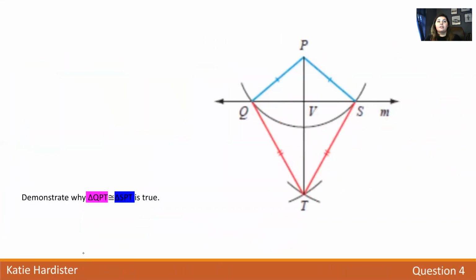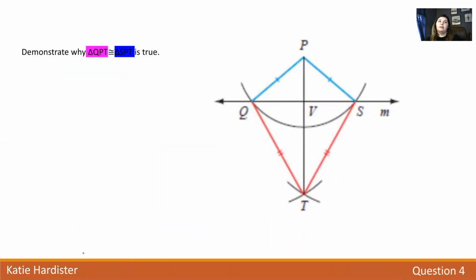So for this next question, what we're going to do is demonstrate why angle QPT is congruent to angle SPT. So I see here, of course, my purple or pink triangle. That's going to be this one here.